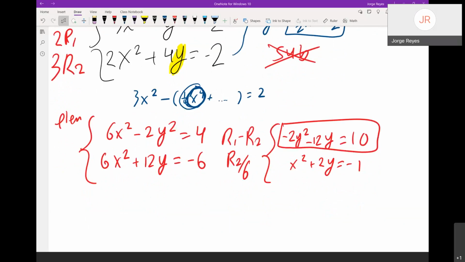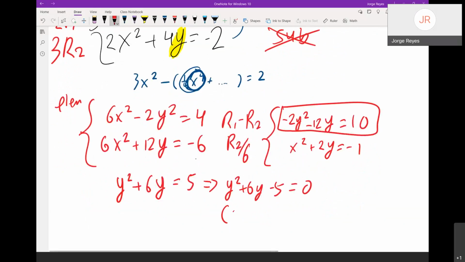So I'm going to divide by negative 2. So y squared plus 6y equals -5, which is y squared plus 6y plus 5 equals 0, which is y minus 5... This does not factor.